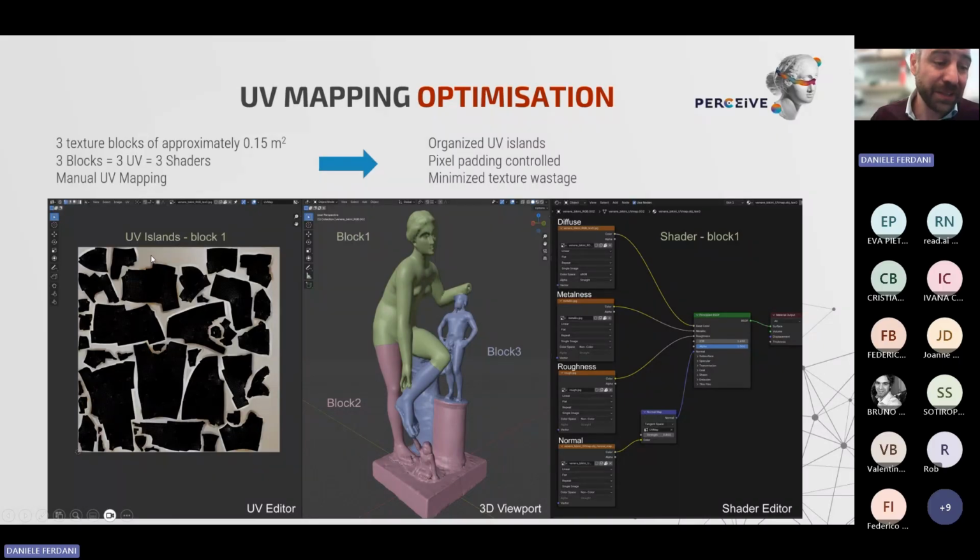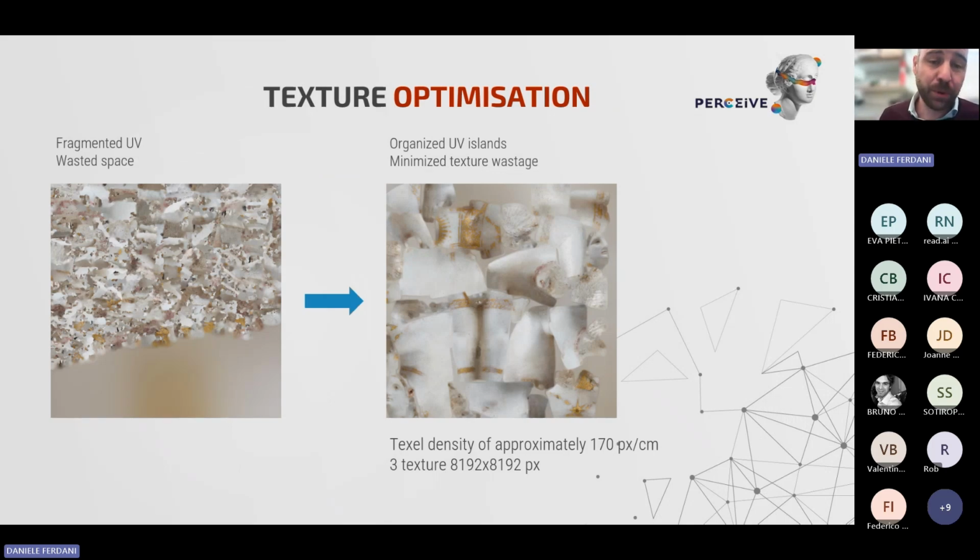The padding is a sort of buffer of duplicated or extended pixel data added around the edges of the UV island, and this helps to prevent visual artifacts in the 3D model visualization, like seams or color bleeding. This can be controlled manually in Blender, giving us the possibility to control and improve the final result. And here you have an example of the final result.